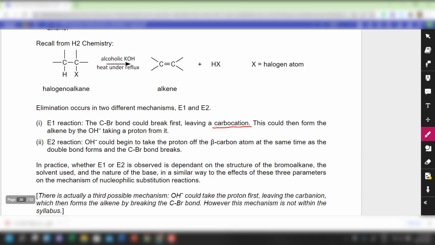But for E2, it's a different story, because the base and the substrate occur in the rate determining step. So the nature of the base will cast a defining moment.